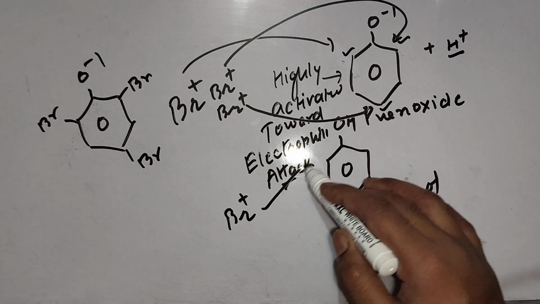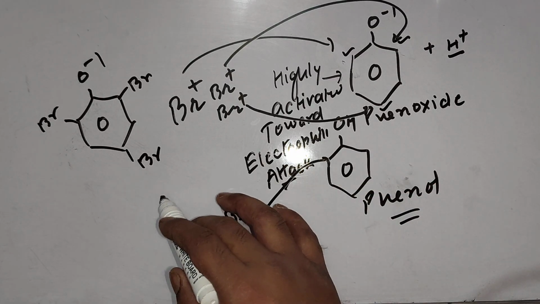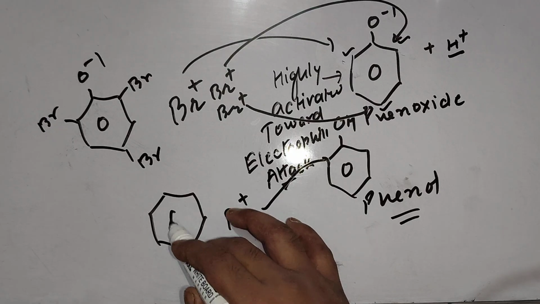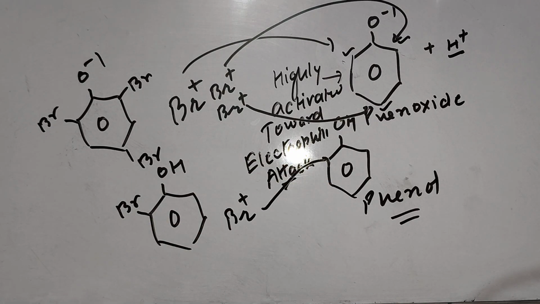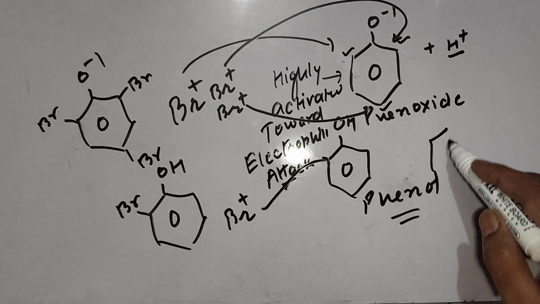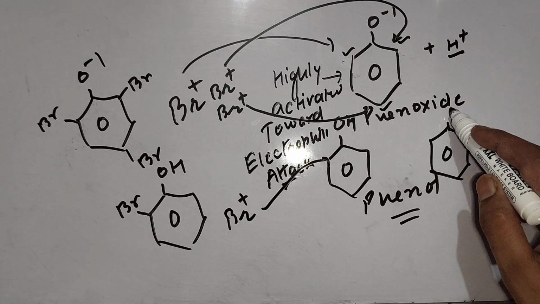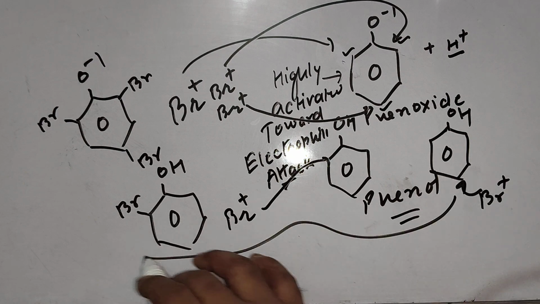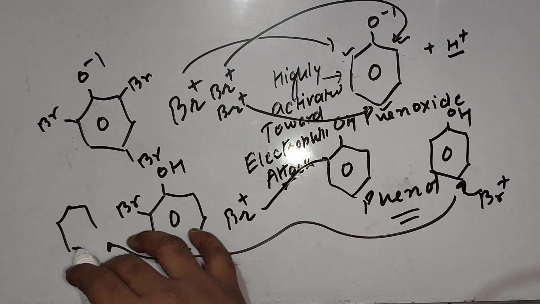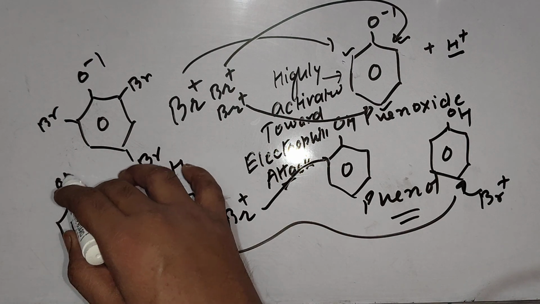So at one time only one bromine will attack on it, and we will get a mono-substituted product. One time ortho, and if another particle of phenol is there, one time para separately. This is the reason.